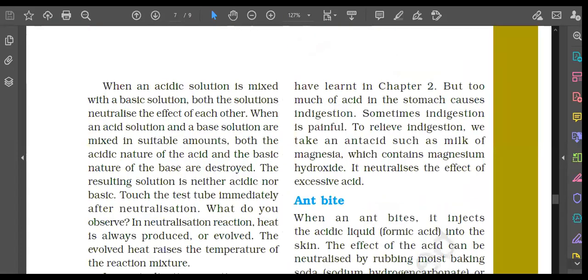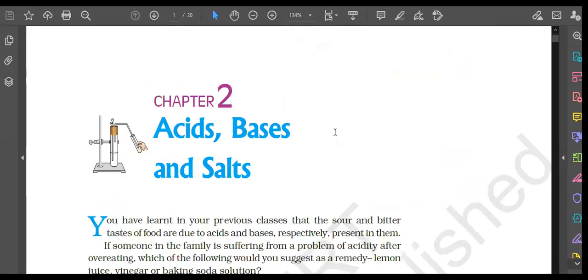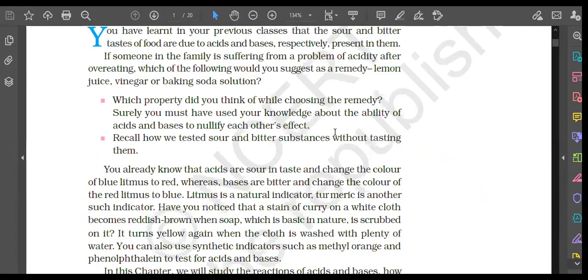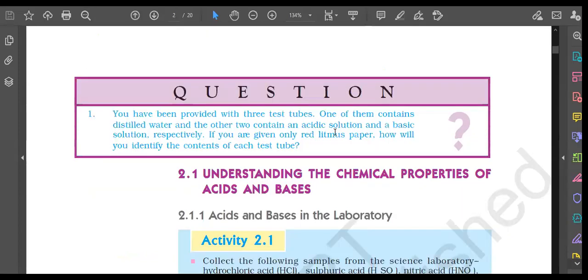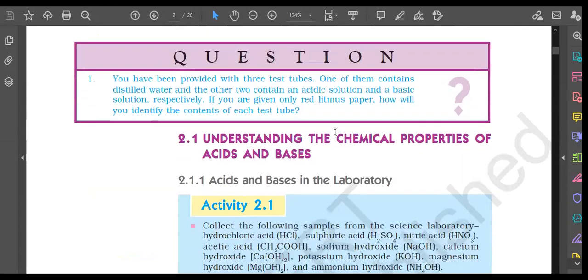Now, let's see this. I'll give you some more examples. See, acid and base are compounds containing both H plus and OH minus.